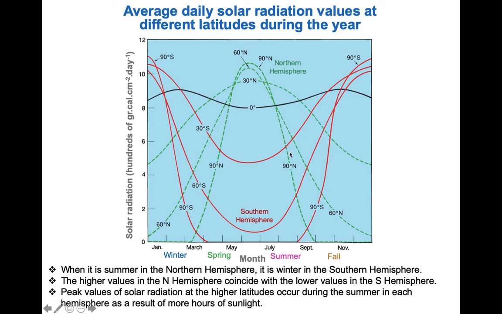The reason why the northern and southern hemisphere patterns look a little bit different is because, as you remember, the northern hemisphere is mostly a continental hemisphere, whereas the southern hemisphere is mostly an ocean hemisphere. So these patterns of solar radiation fluctuations, to the largest extent, reflect that major difference between the two hemispheres.